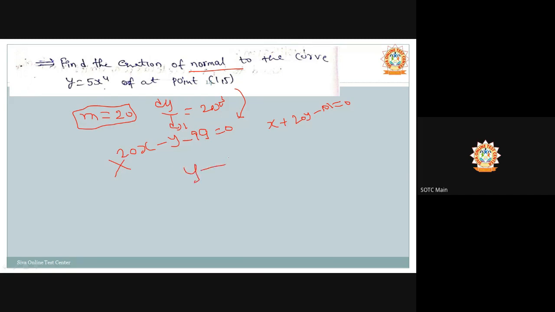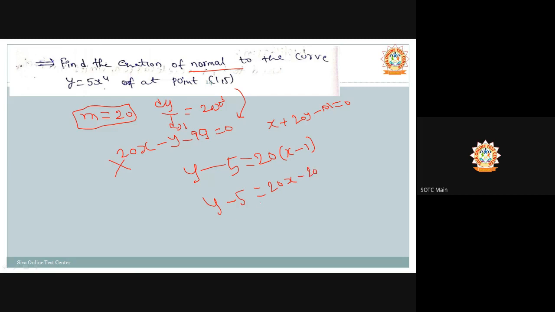Y minus y1, that is y minus 5, is equal to your m, which is 20, times x minus x1, where x1 is 1. If you find the equation of tangent, y minus 5 is equal to 20x minus 20.